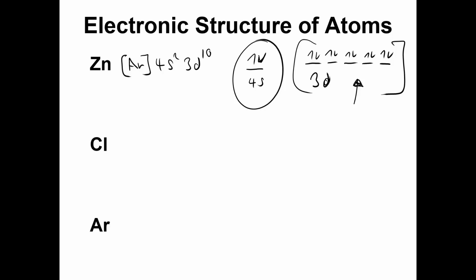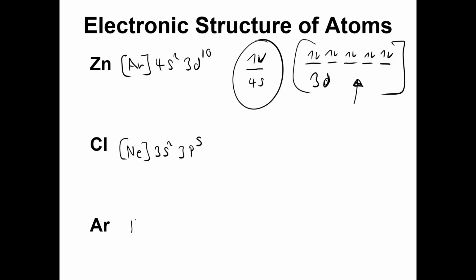Chlorine is atomic number 17, so we back up and go to neon here, and then after neon it is the 3s, and then 3p5. Argon, of course, is argon, so I'll write the whole thing out, right?